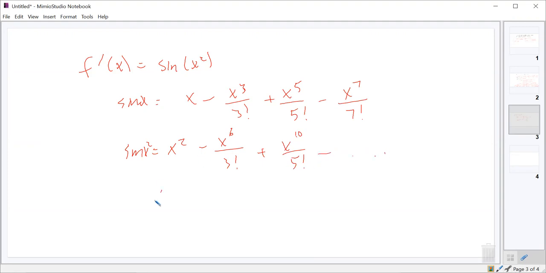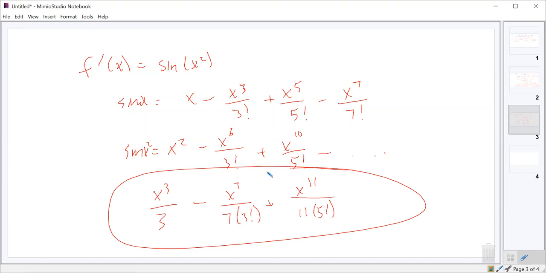Okay, yeah, and so then just integrate these term by term. So x cubed over 3 minus x to the 7th over 7 times 3 factorial. That's much easier. Plus x to the 11th over 11 times 5 factorial. That'll work out a lot easier.